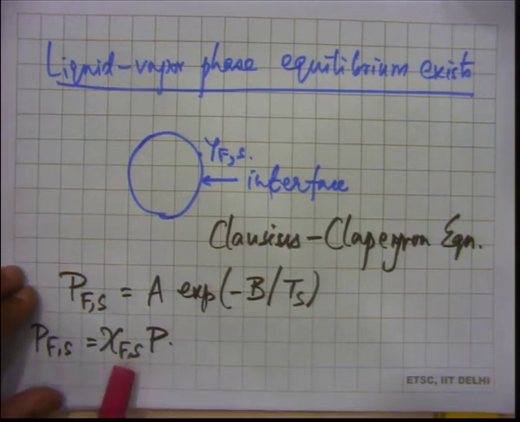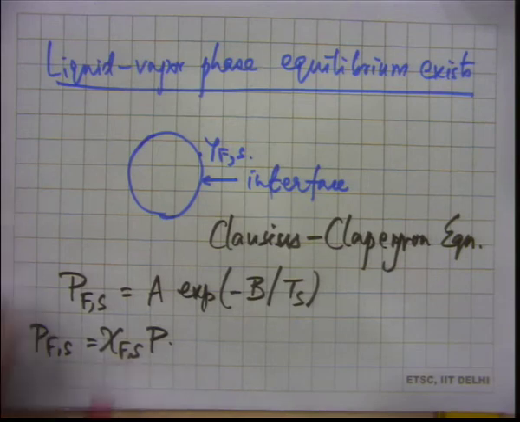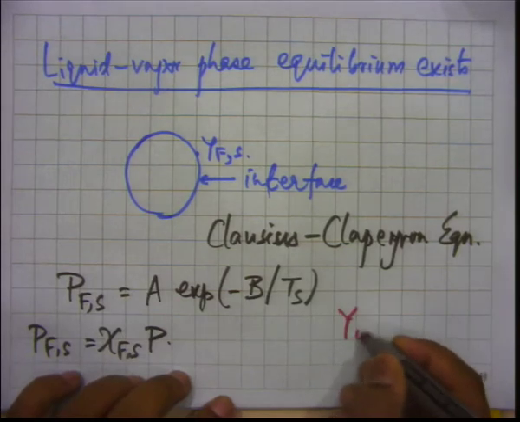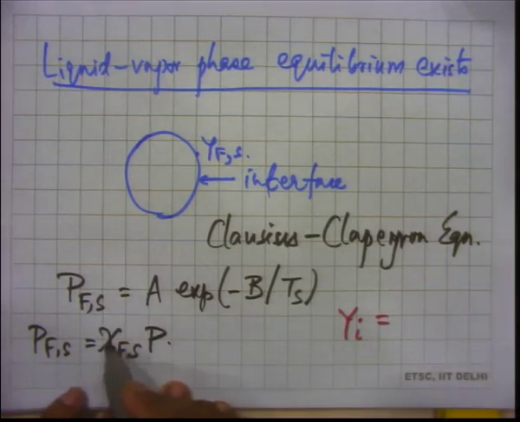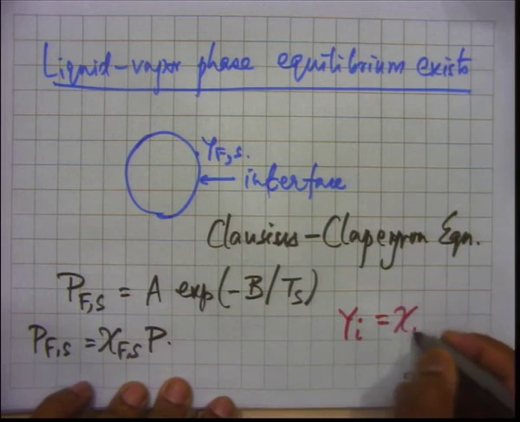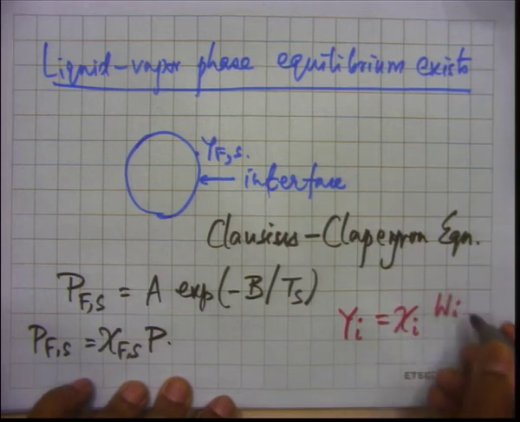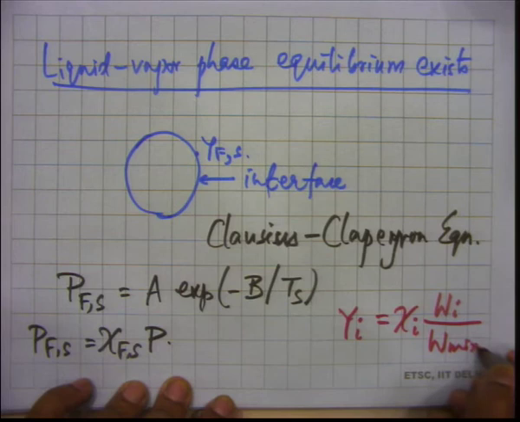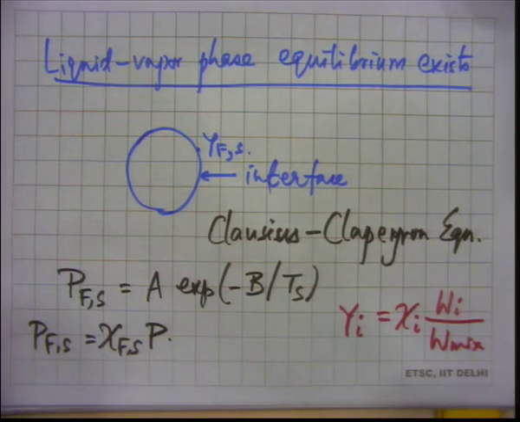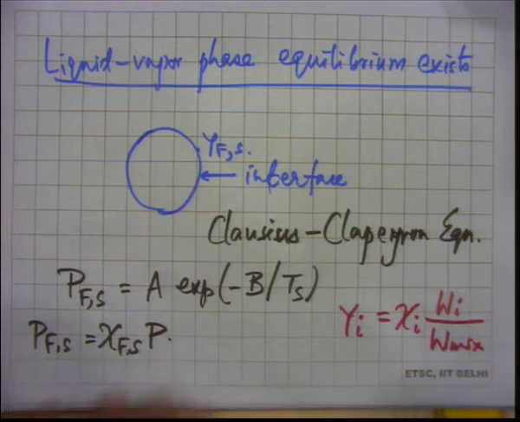What do we want to do now? We want to bring in YFS here. And how to do that? Instead of mole fraction, we are going to bring in mass fraction. So Yi is chi i times this. How do we convert from mole fraction to mass fraction? You take the mole fraction multiplied by Wi divided by W mix, you will get the mass fraction. Correct?